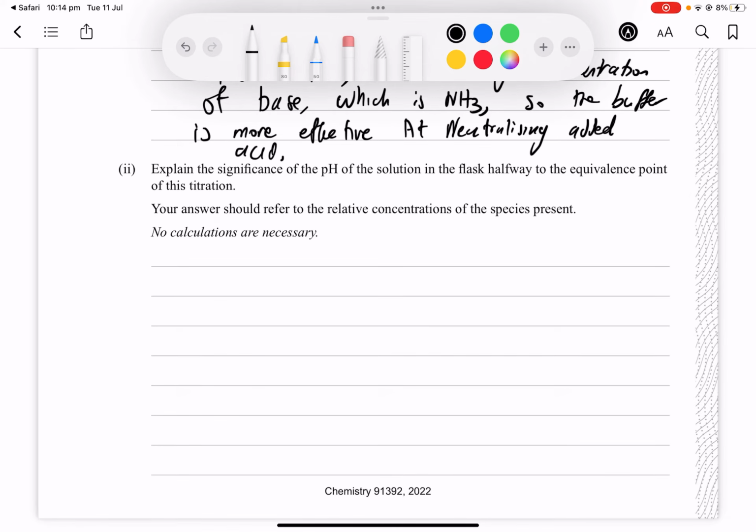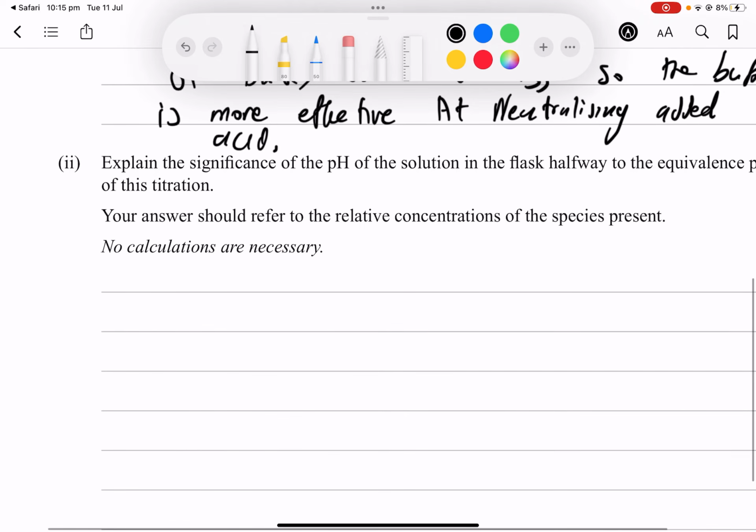So that's an equal amount of NH3 and NH4+ in the solution, and it's going to be acting as a buffer. At this point, the pKa of NH4+ is equal to the pH of the solution. And that's about it. So that's all we really need to say here.